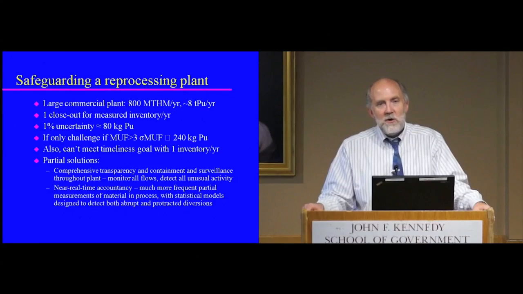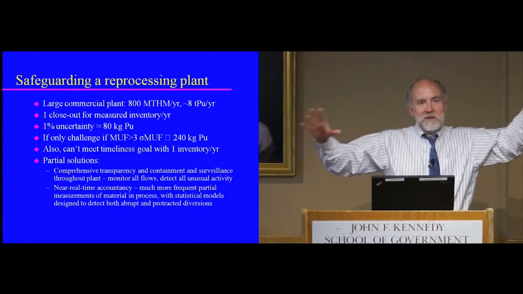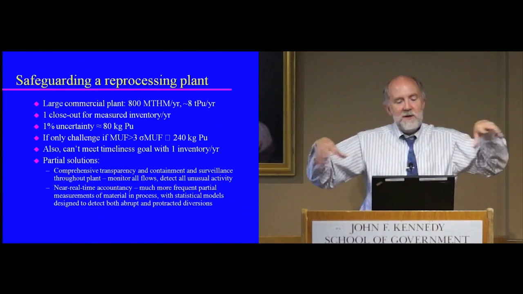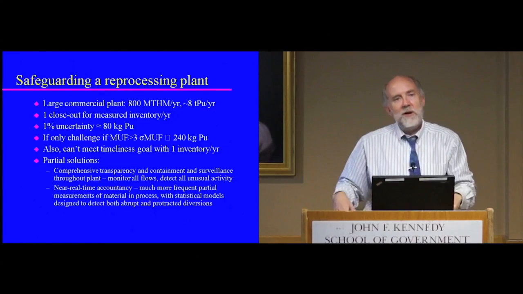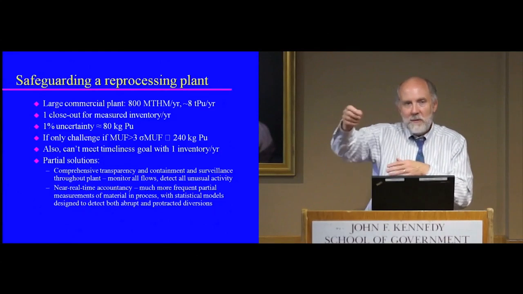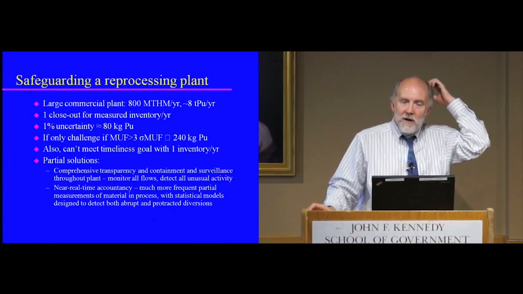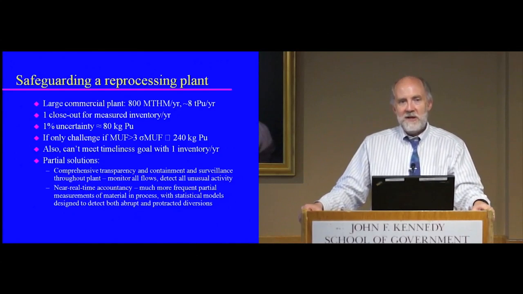So what the IAEA does is they have comprehensive transparency and containment and surveillance throughout the plant, monitoring the various flows through the plant, having cameras to make sure that you aren't shifting a pipe from one part of a plant to another to siphon off some nuclear material.